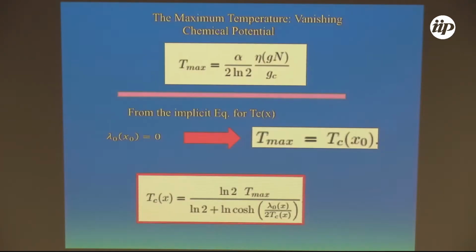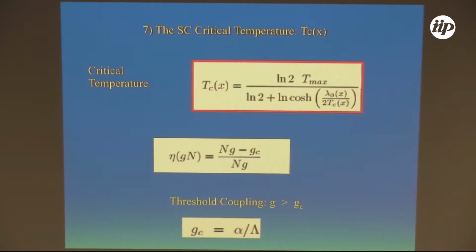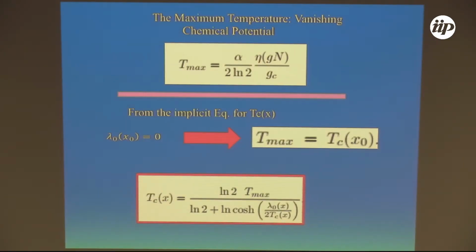So we have first this T max, which appears here, expressed in this way in terms of the function eta.